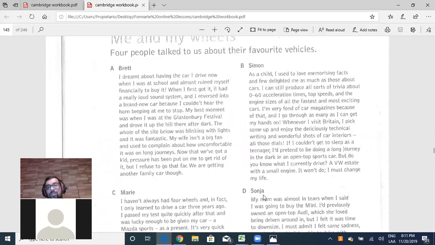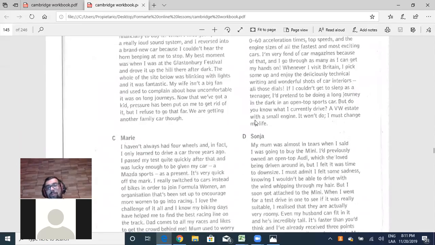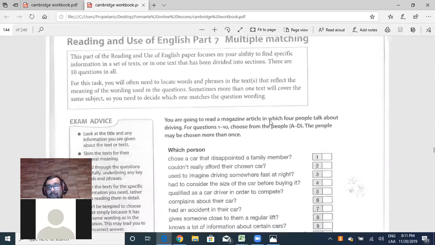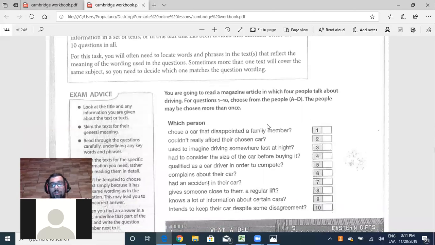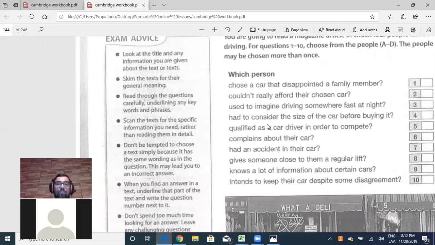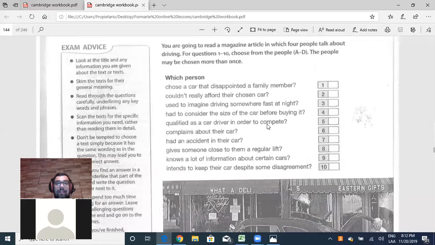So you need to choose this from this page. I will send you this part and the answers also, so that you can check it. Please try to read the advice that they give us for part number 7 of the test, Jose, so that you can get it a little bit more clear.